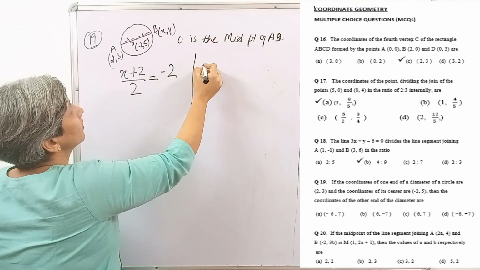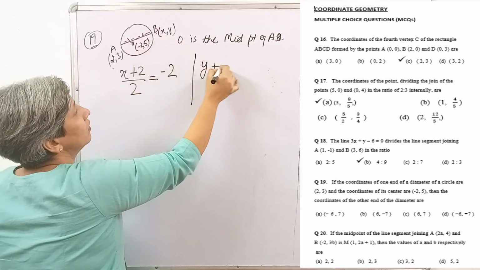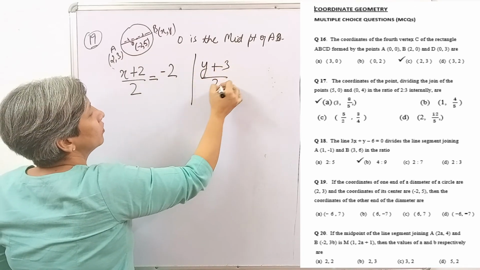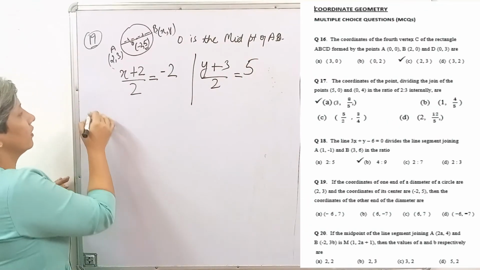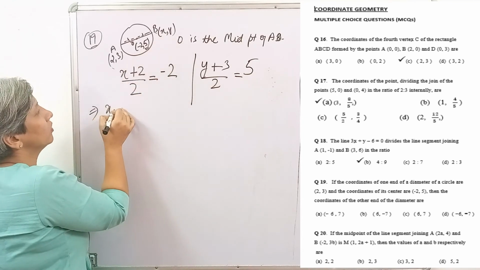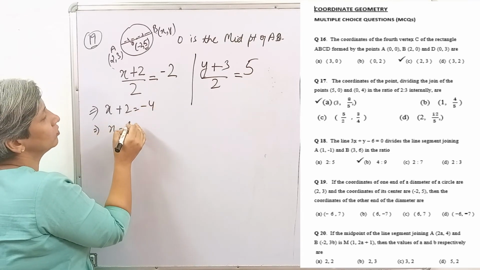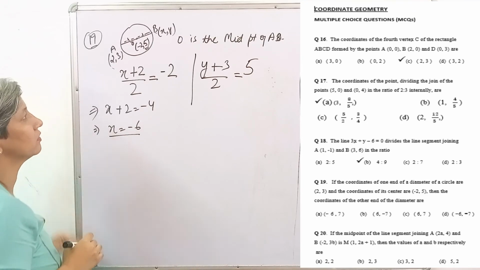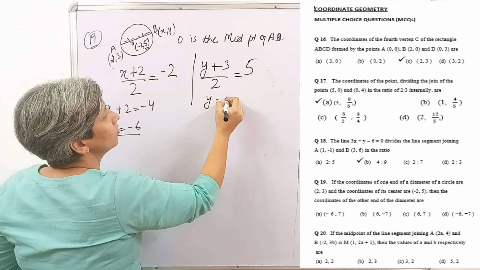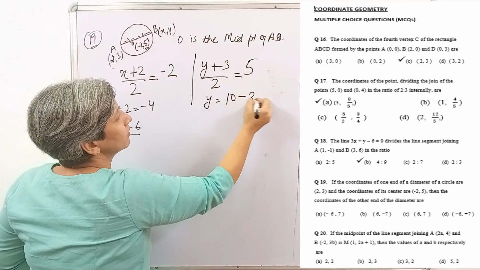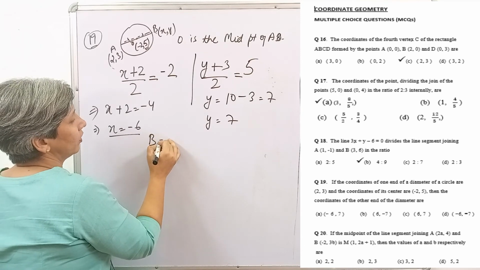Same way for y, the midpoint formula is y2, here y, plus y1, which is 3, over 2 is equal to the midpoint value, which is given to us as 5. So we will get the values of x and y, the values of B will come. x plus 2 is equal to -4, and x is equal to -6, right. -4 and -2, that is -6. y will be equal to 10 minus 3, that is 7. y equal to 7. So my B, the other end point, is (-6, 7).